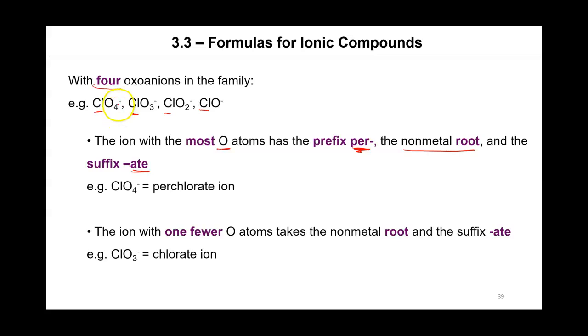So in this case, the most oxygens is 4. So ClO4 minus would be the perchlorate ion. The ion with 1 fewer oxygen atoms takes the nonmetal root, then the suffix "ate", and then we end it with the word ion. So 1 fewer than 4 would be 3. So ClO3 minus is called the chlorate ion.